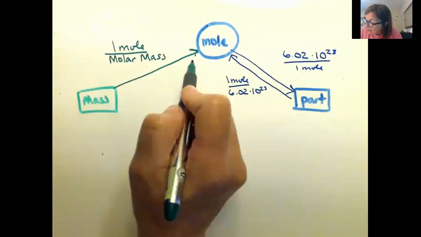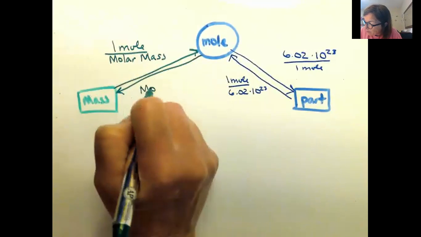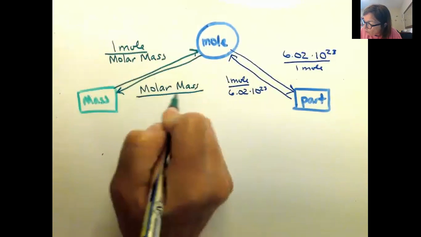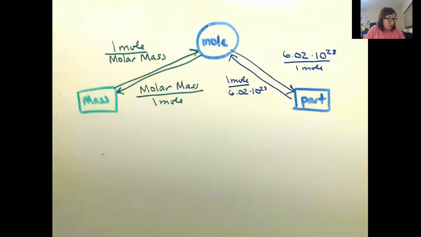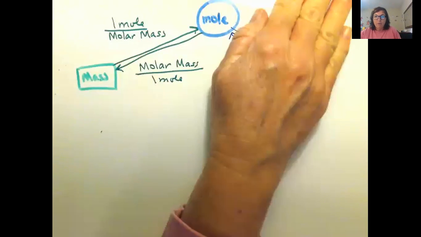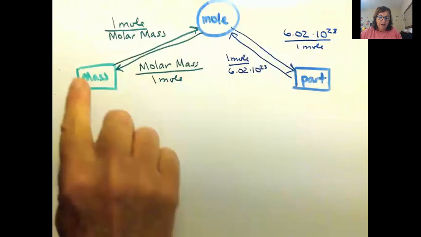Okay? And if I'm going from mole down to mass, it's the molar mass over 1 mole. Okay? So here's what we're going to do. We're going to do a few of these. Now, we're not going to look at this part right now. This is just from what we did last time, okay? So we're going to focus on this part right here.